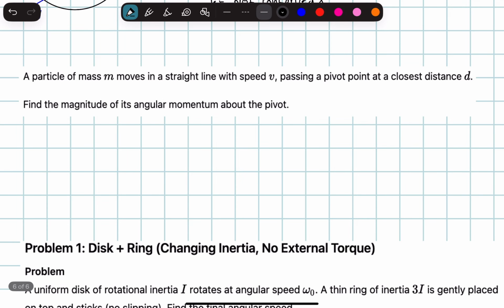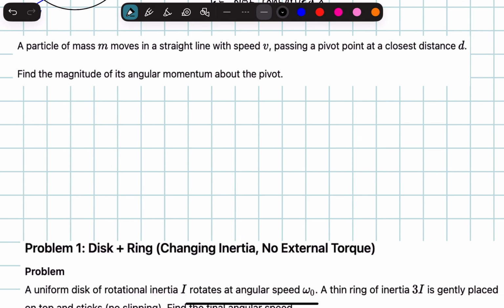A particle of mass m moves in a straight line with speed v, passing a pivot at a closest distance d. Find its angular momentum about the pivot. So we have our particle m, moving and passing a pivot, which we'll represent here, at the closest distance of d.